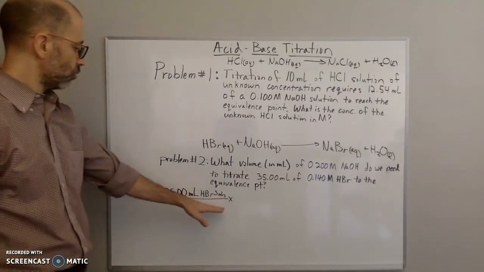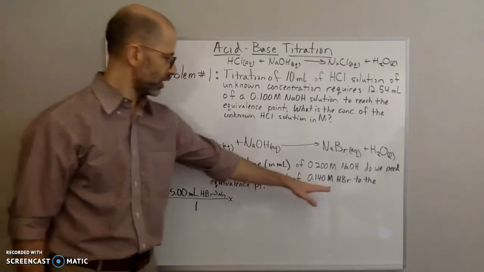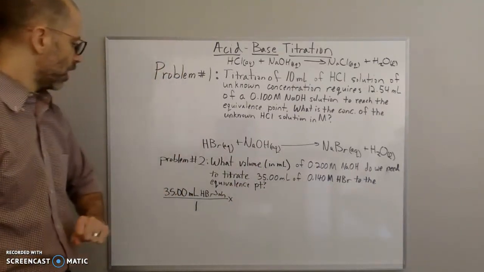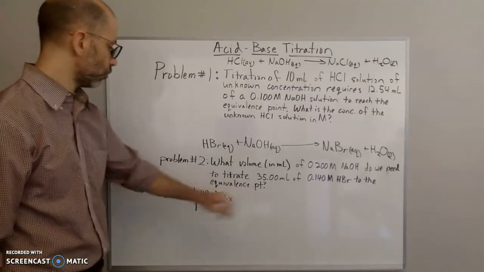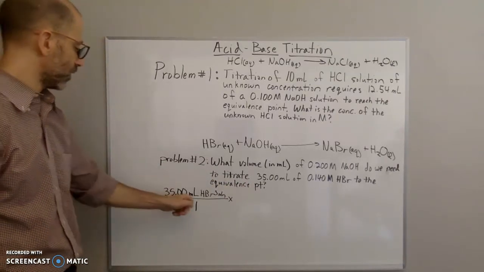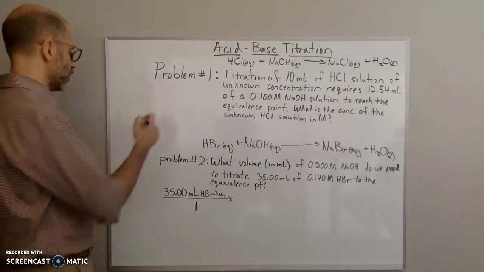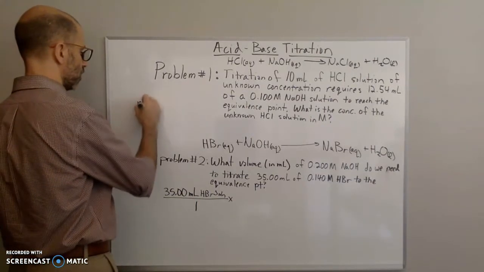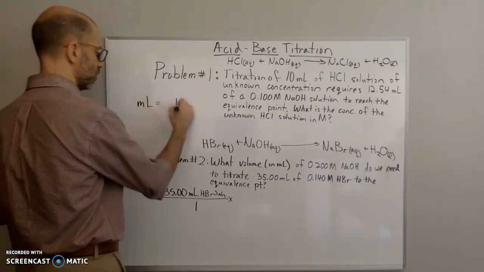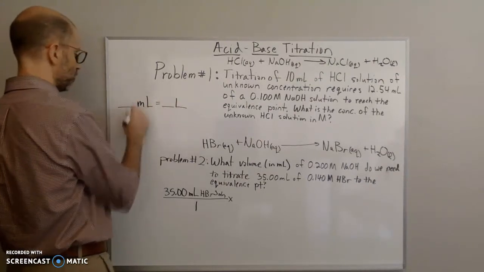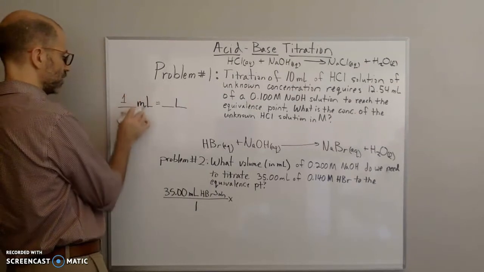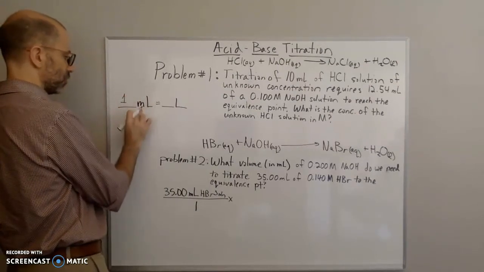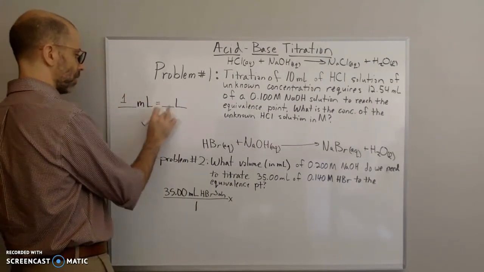And so we could use the molarity of the HBr solution to convert from volume to moles of HBr, but we need liters. So again, we're going to need to use our milliliters to liters relationship. Again, I put the 1 with the unit that has the prefix, and the prefix multiplier goes with the base unit.